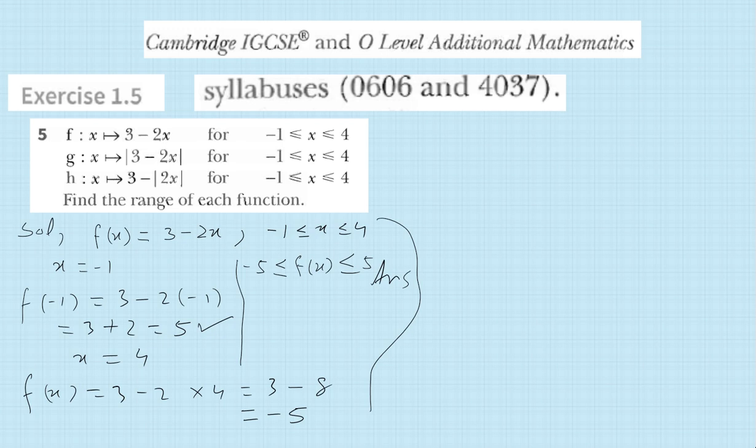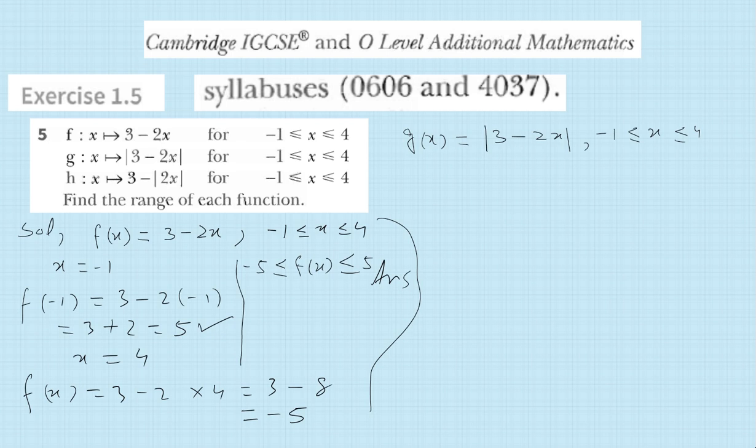Now come to the next part. g(x) = |3 - 2x|, an absolute value function, and in this case the domain is from x = -1 to 4. Again, first you put the smallest value in the function.